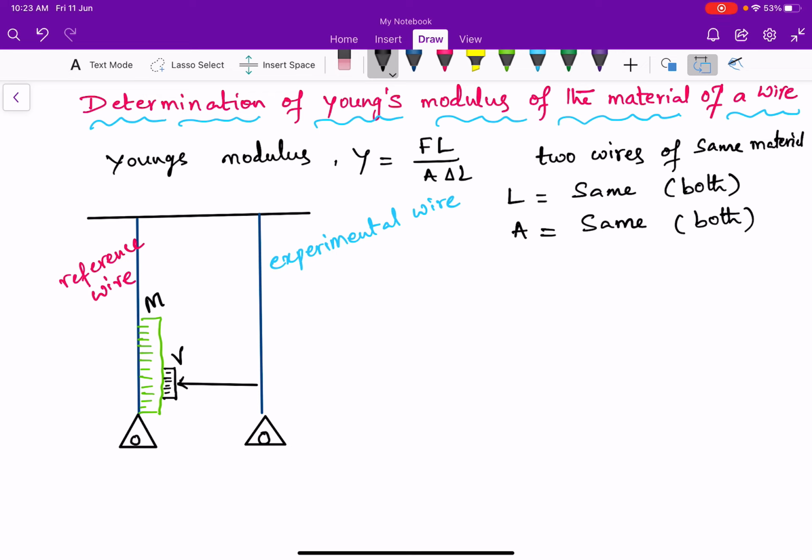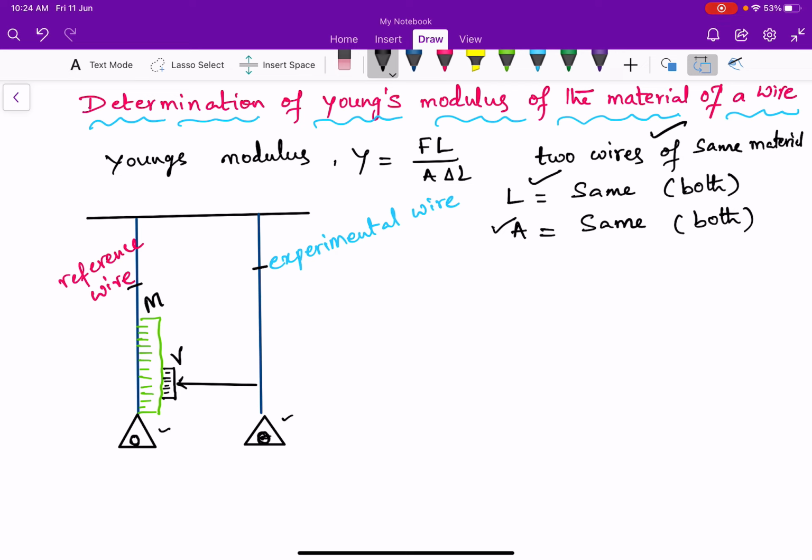So see here, this wire and this wire are made up of the same material, having the same length and the same cross-sectional area, and these two wires are attached to pans. I am attaching equal weights to both wires to keep them straight.